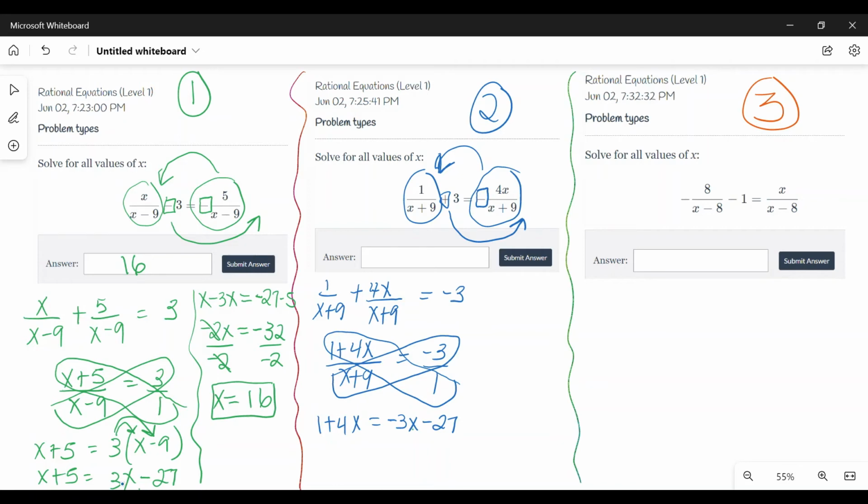Collect my like terms on one side. Therefore, I'm going to bring this negative 3x over to the other side, which will make it become positive. So 4x plus 3x. And I'm going to bring this positive 1 over to the right hand side, which will make it negative. So negative 27 minus 1. 7x is equal to negative 28.